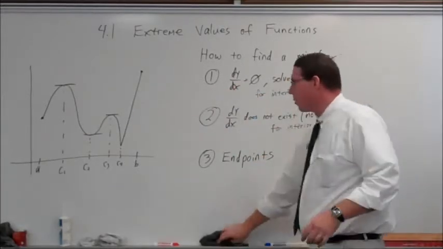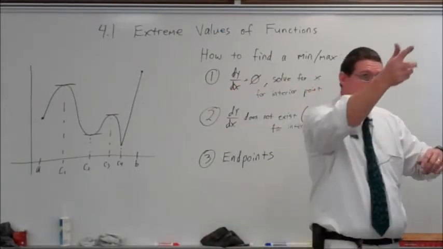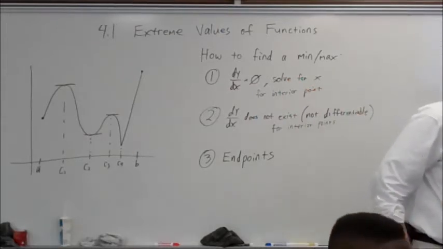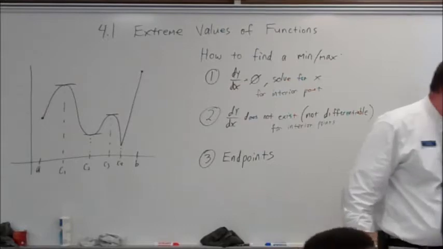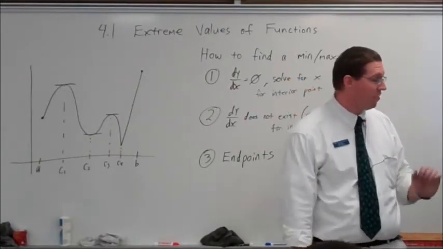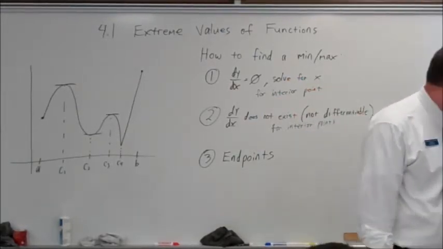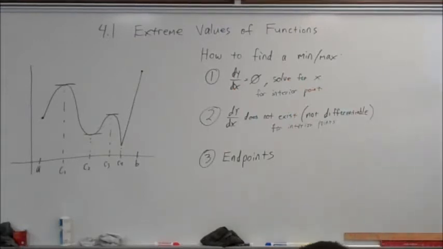What I want to do now is draw your attention up to the overhead projector. This is on page 188 in your textbook in the left column, and I want to talk about these graphs. This is the graph of x squared.